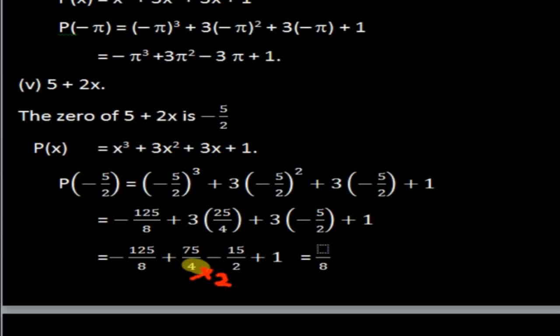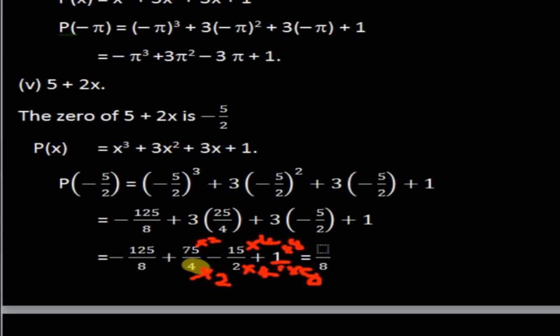So here also 2 will be multiplied, and in order to bring this 2 to 8 we multiply by 4, so 15 also will be multiplied by 4. Here it's 1 by 1, so this would be multiplied by 8.